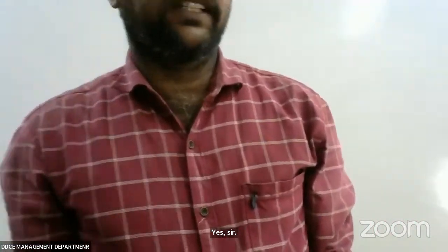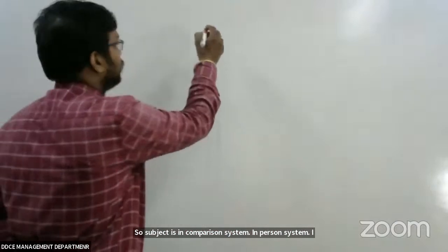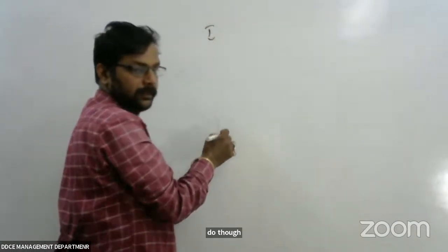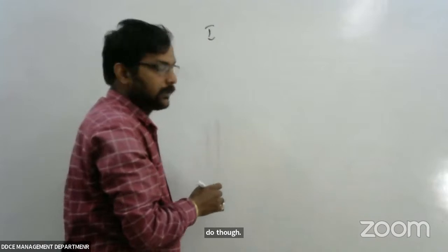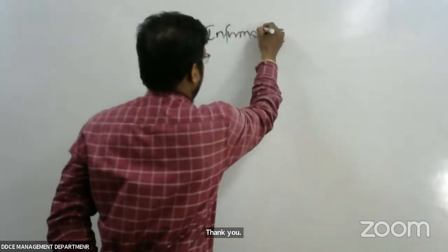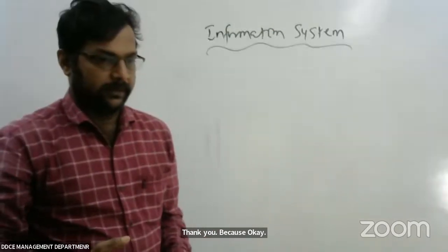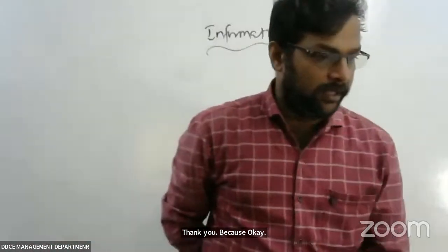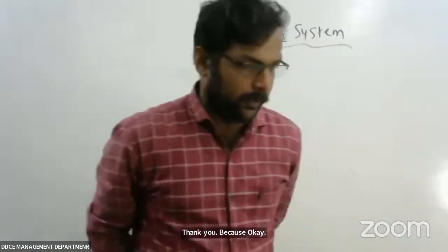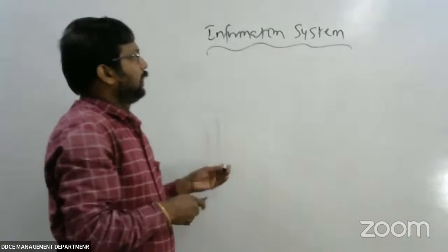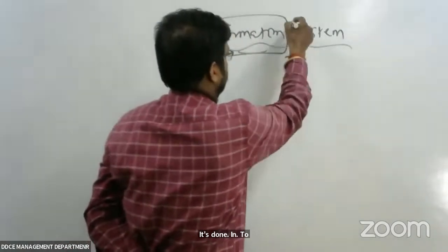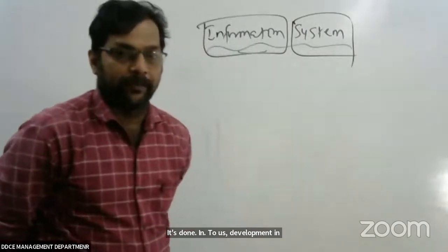So, the subject is information system. Information system particularly refers to two things: one is the information and another is the system.